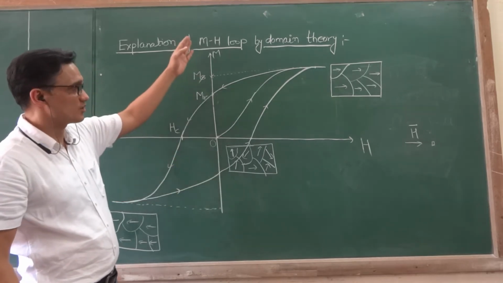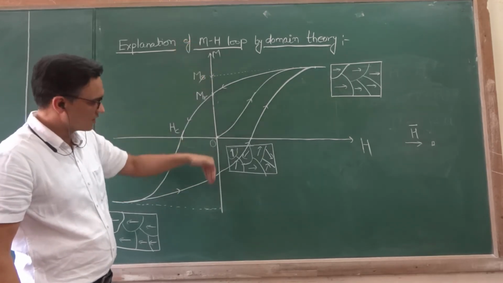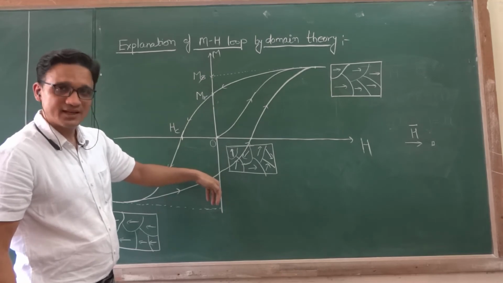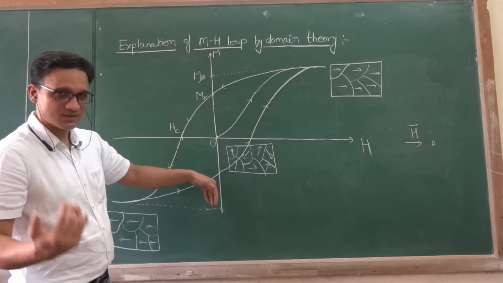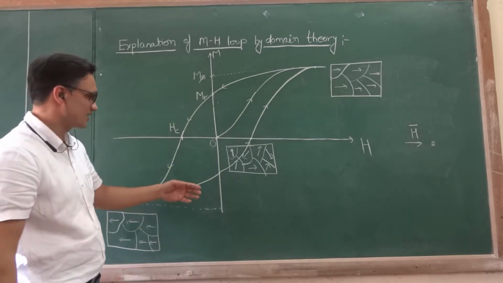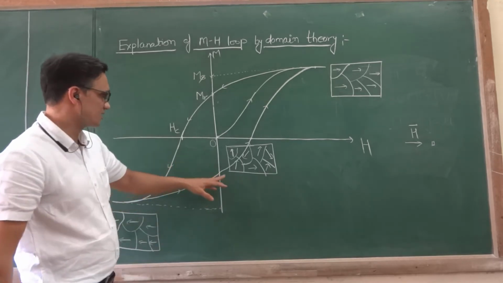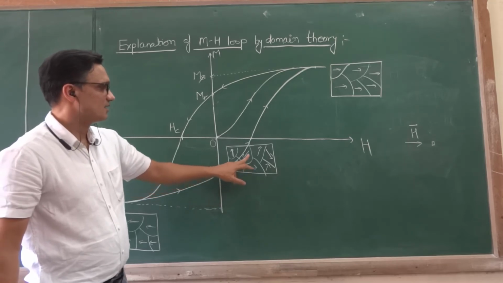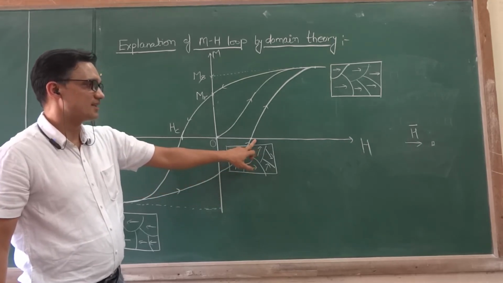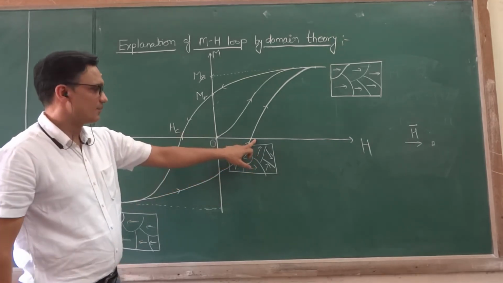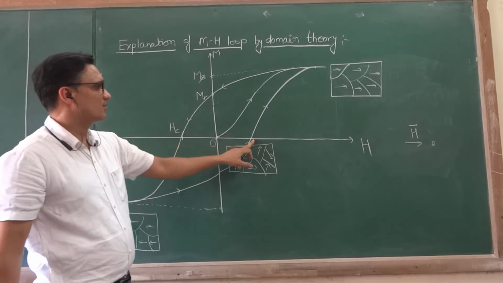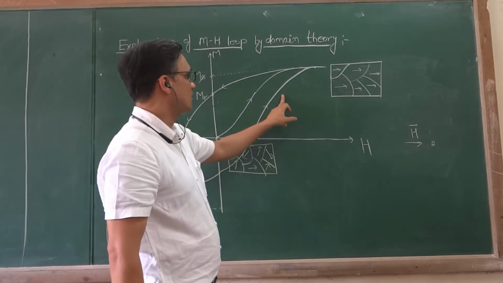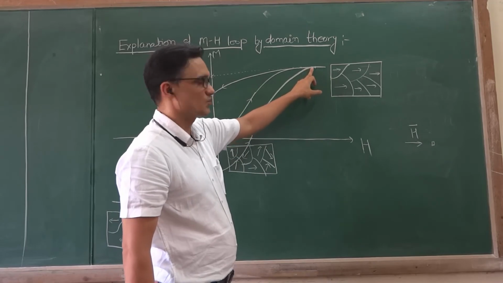Earlier it was in the positive y-axis, now there is a retained magnetization in the negative direction. Obviously that is in the direction of the applied magnetic field, but this is only the representation. And if you want to remove the retained magnetization, you have to apply the magnetic field in the positive x-axis, and with a further increase in the external magnetic field, it will saturate.